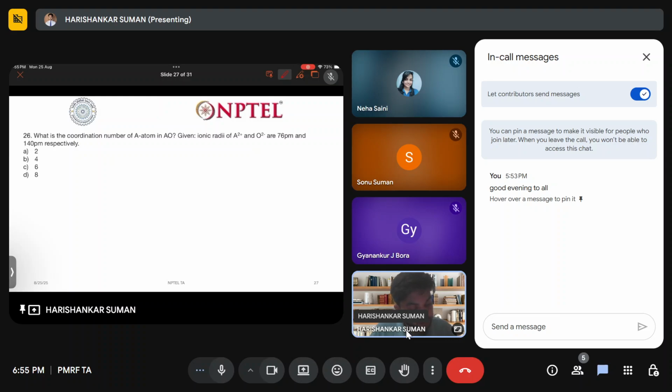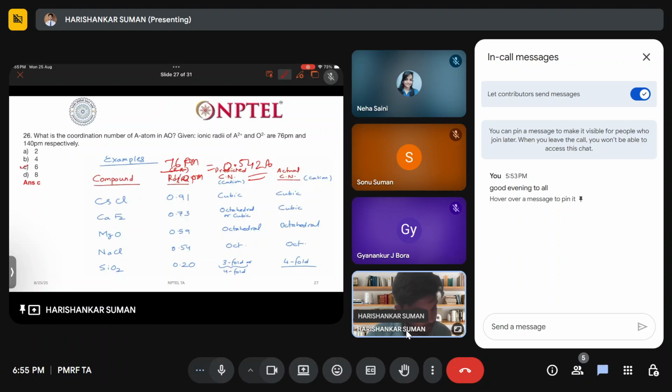Okay, 2 marks for 76 and 140. 76 to 140, the ratio will be this, which will be 5, 4, 2, 8, and the answer will be seen as already seen, 5, 4, counted by our title as given by 6 items.